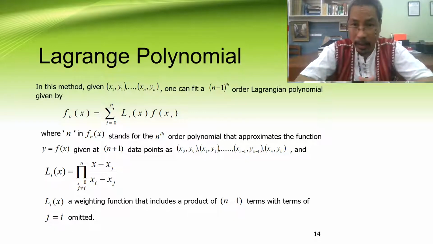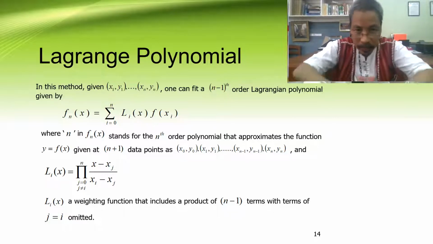So direct fit is p sub n, and the Lagrangian polynomial is f sub n as a function of x, equal to the summation from i equal to 0 to n of Li of x, multiplied by f of xi.